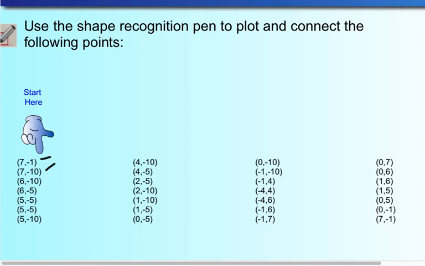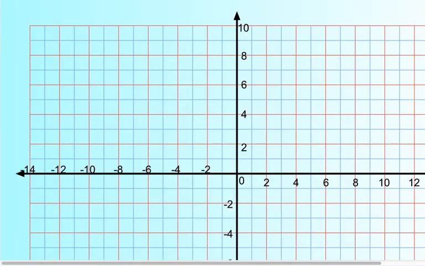I just have another little grid that you can do, and the next thing I want you to do, so this is kind of a little lengthy assignment, is you're going to make up a coordinate grid like this on your paper, and you are going to do a mystery picture.